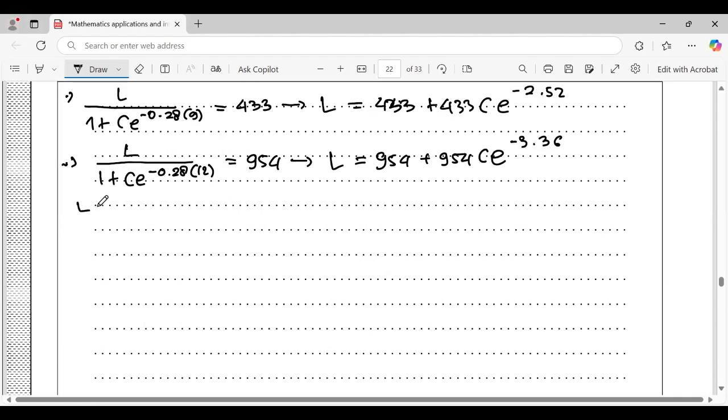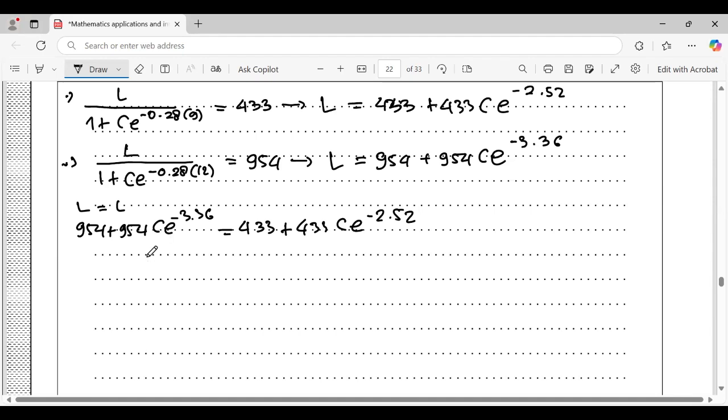L equals L, so this equation equals this equation. It means 954 plus 954 C e to the power minus 3.36 equals 433 plus 433 C e to the power minus 2.52.